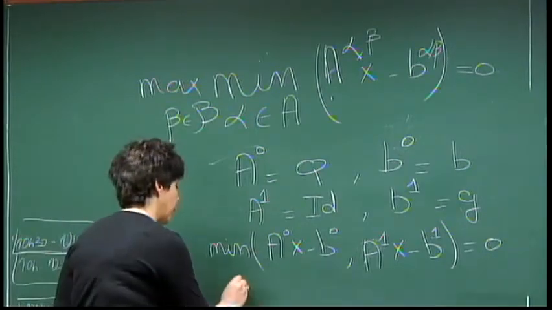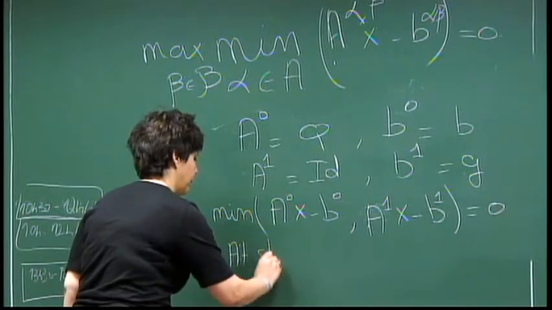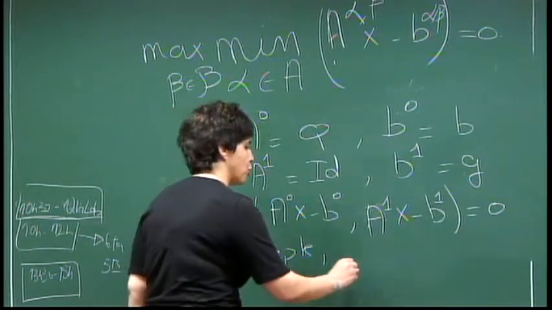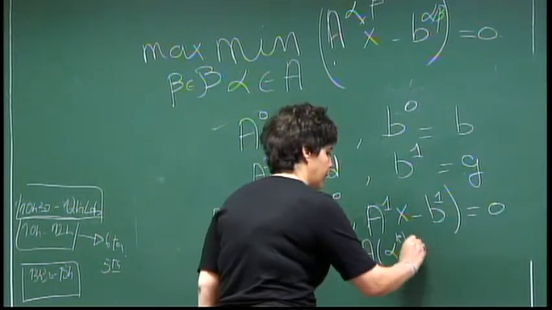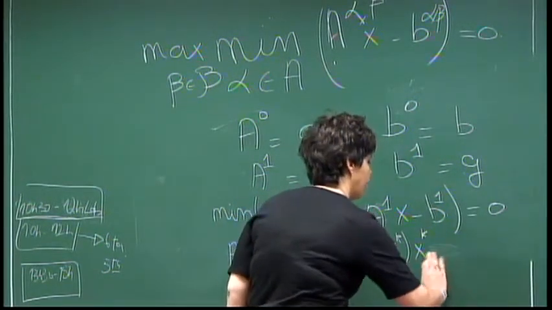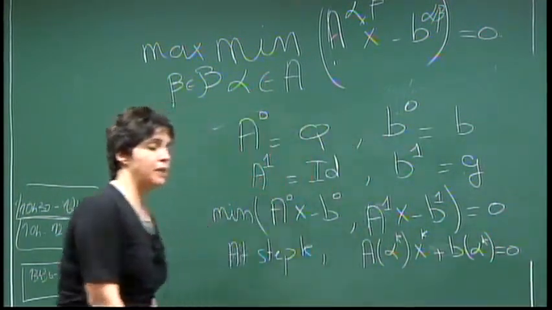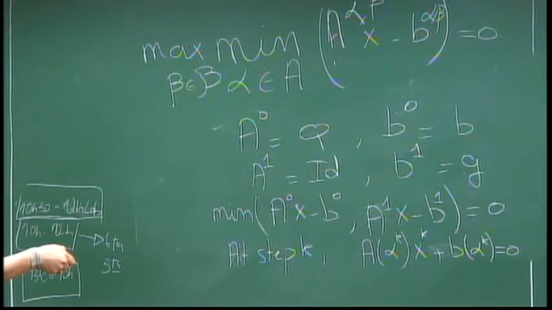So at each step K, first you solve the problem with A alpha K x K plus B alpha K equal to 0. It means that you mix: you take some rows from A0, and you take some other rows from A1.